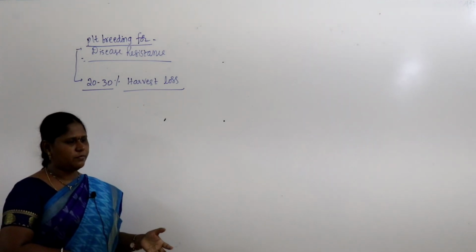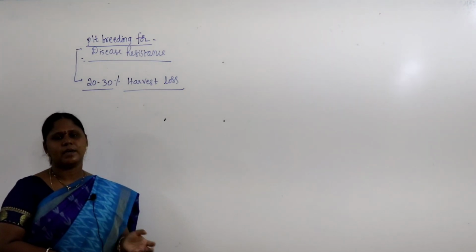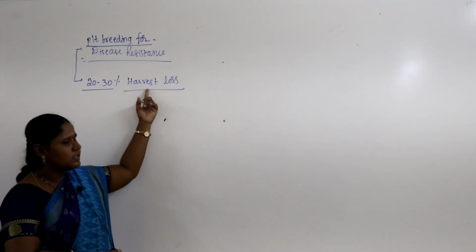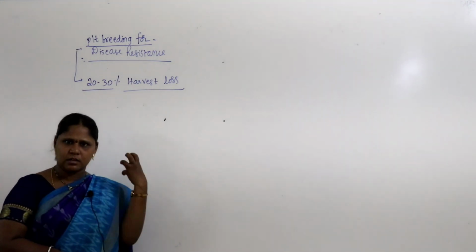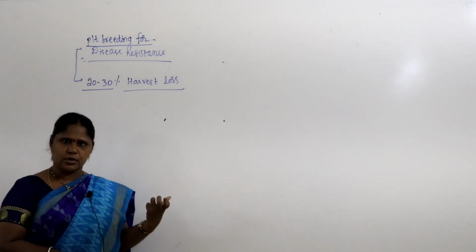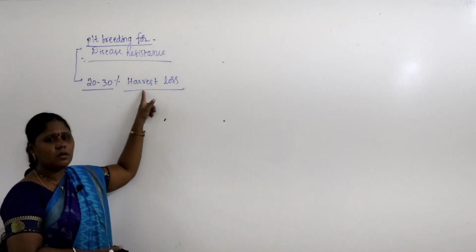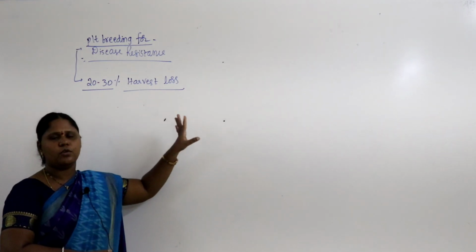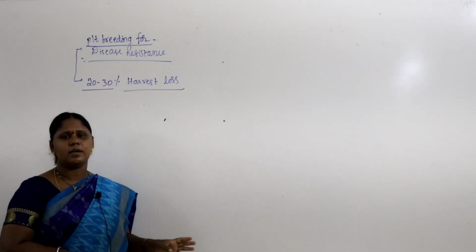When the field is fully cultivated and the grains are ready to harvest, what is harvesting? Collecting the yield, collecting the grains, right. Either before or after harvesting, there is commonly 20 to 30% loss everywhere.